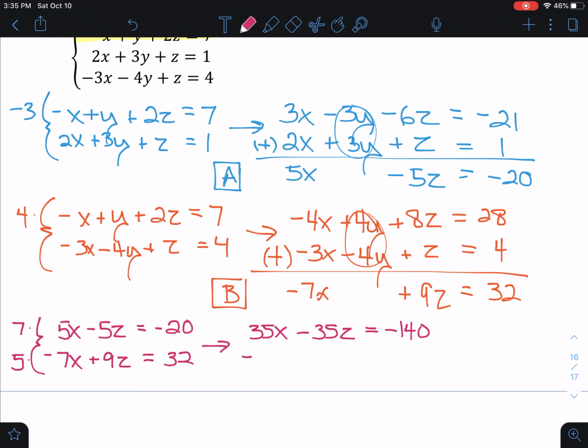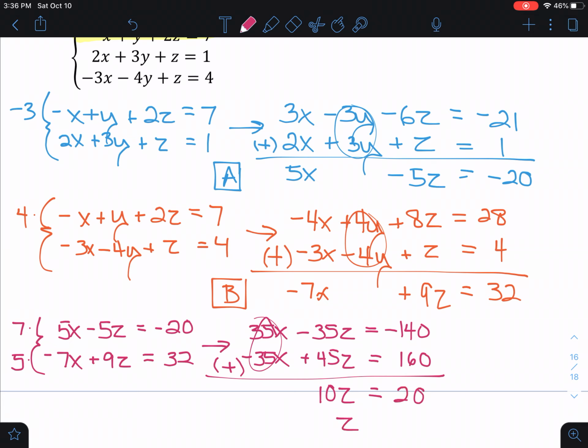And then negative 35x plus 45z equals 160. Okay, now I can add these together. And my x's eliminate, so now I have positive 10z equals 20, so z is 2. Okay, so there's my first variable.